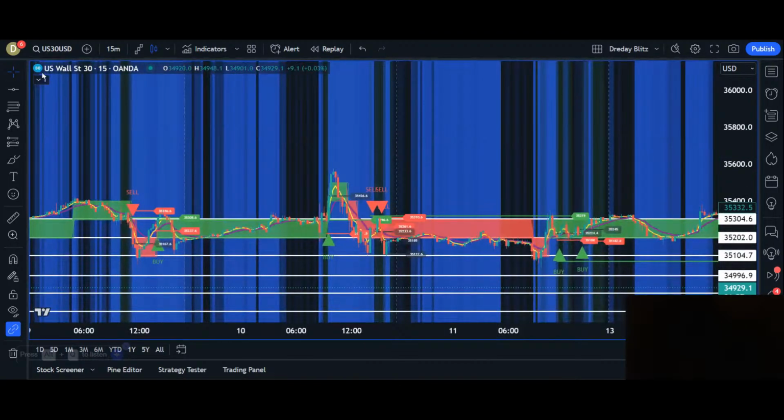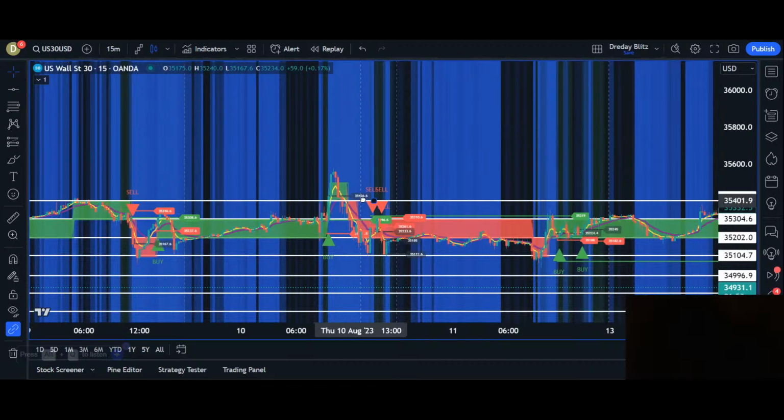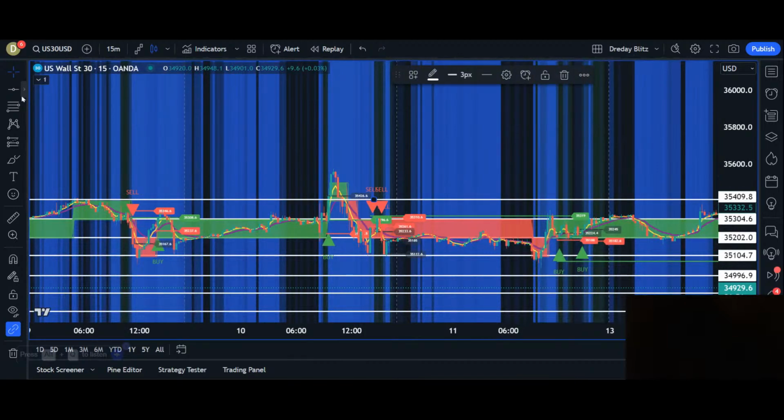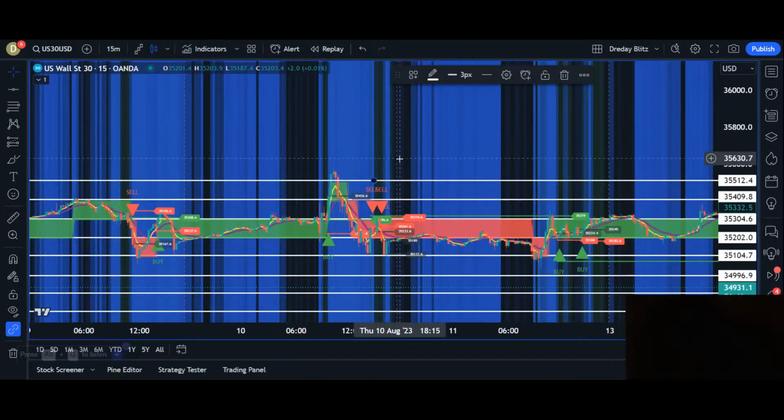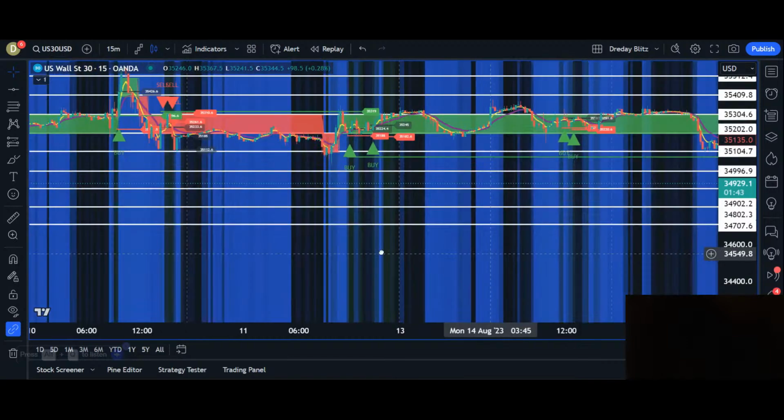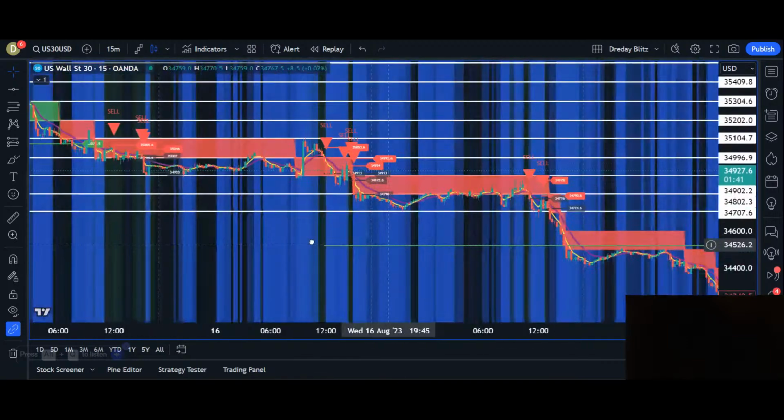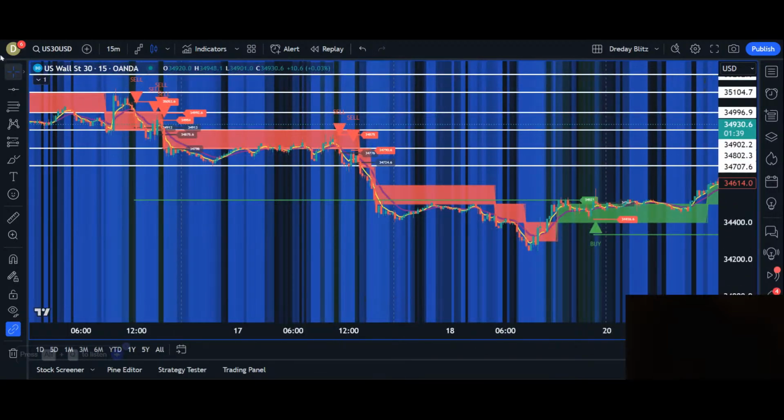Okay, so next zone, I'm just going to add a few more here to here. Okay, so that will be the buy zones. Let me add a few on the downside.